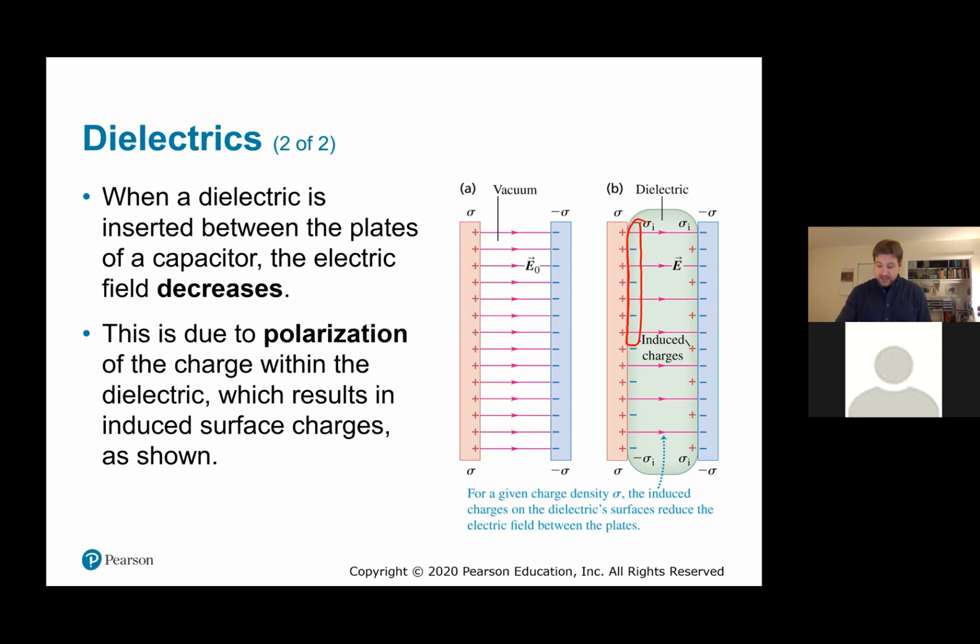Now, the dielectric is an insulator. So it's not that we get flow and then charge cancellation, I guess. But we do have a buildup.